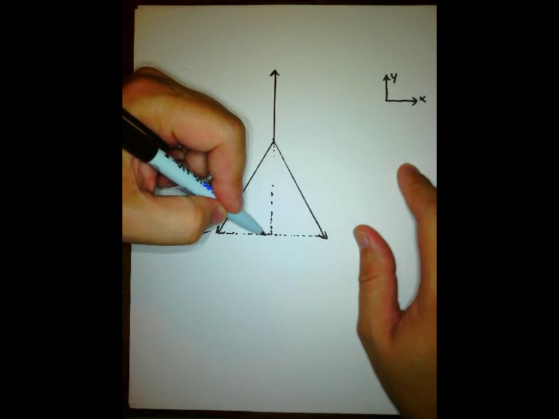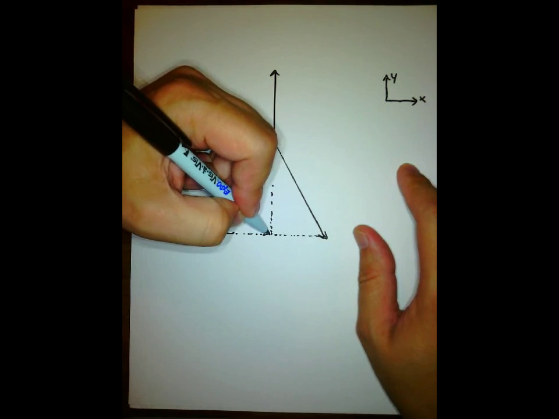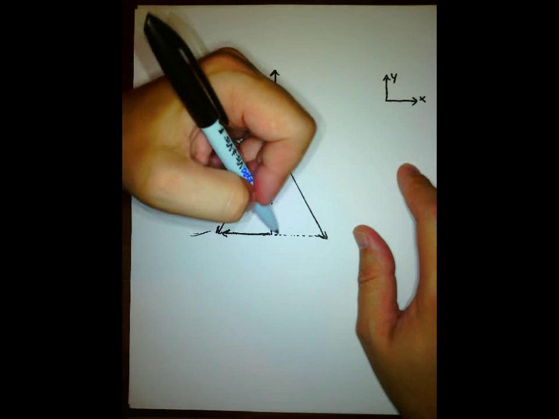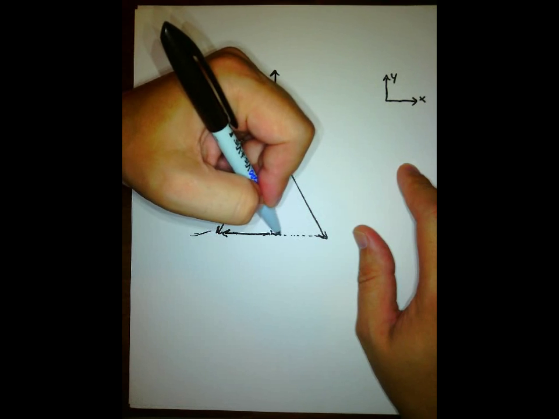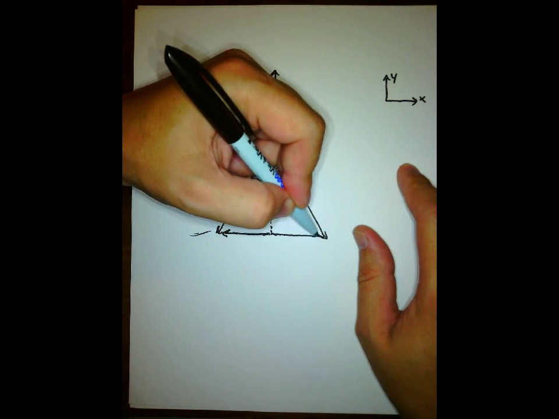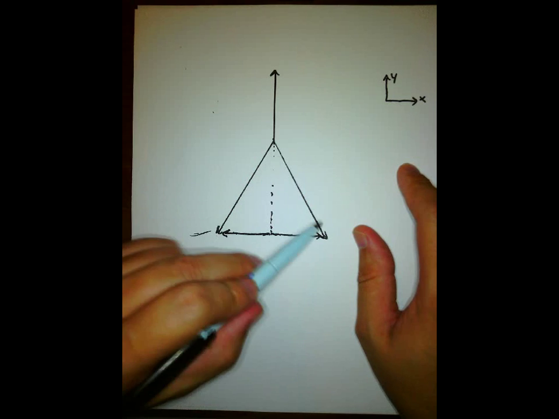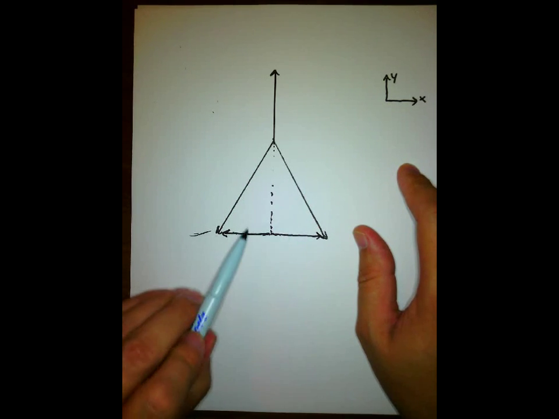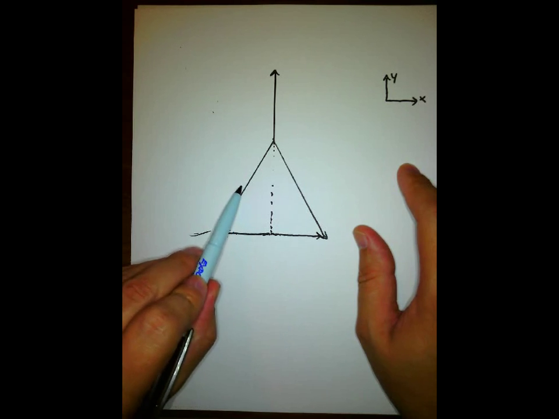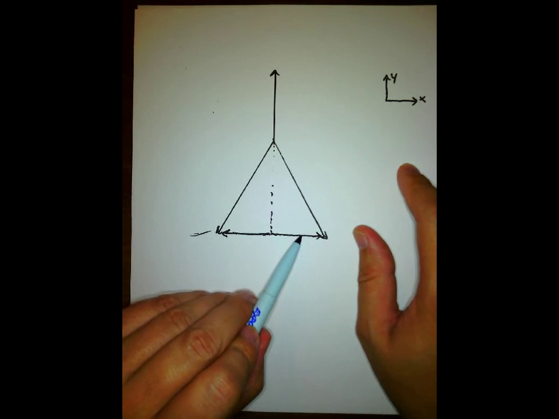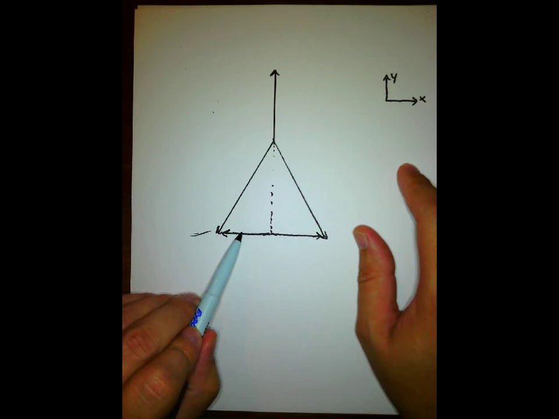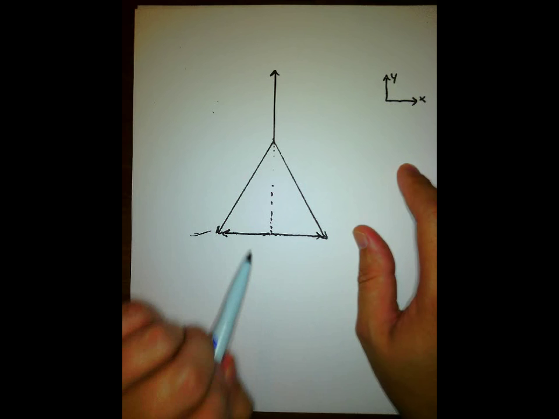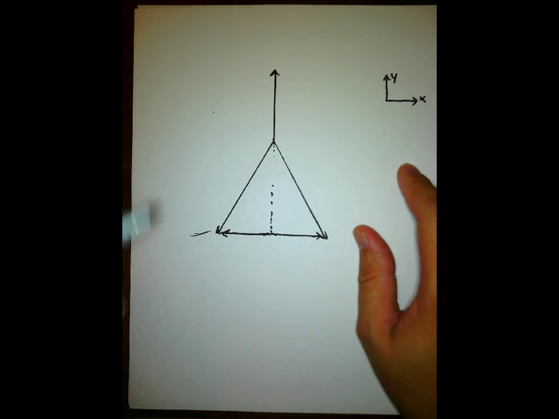So whatever x component we find here has to be equal in magnitude to the x component of this vector. This is the x component of this vector. This is the x component of this vector. So we know that this one has to be equal to this one. We already see that they're in opposite directions, so they're going to tend toward canceling. This is negative, this is positive.